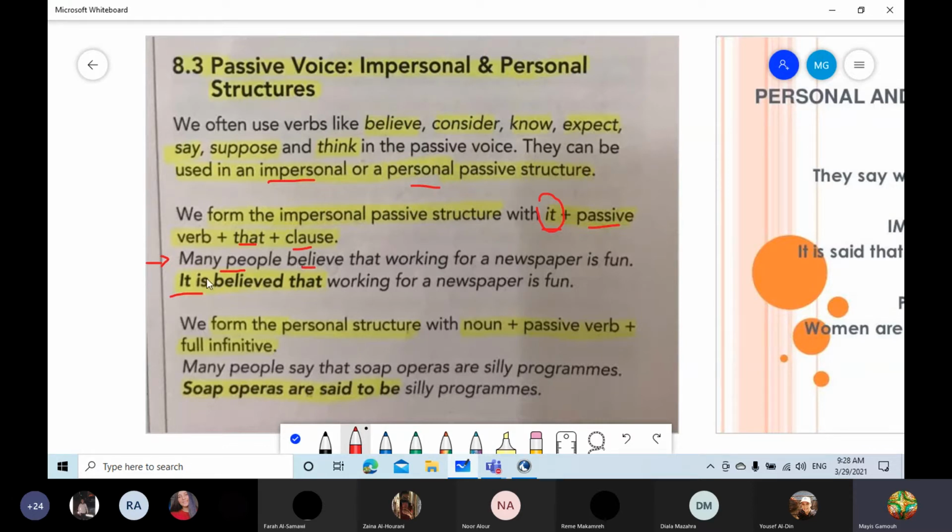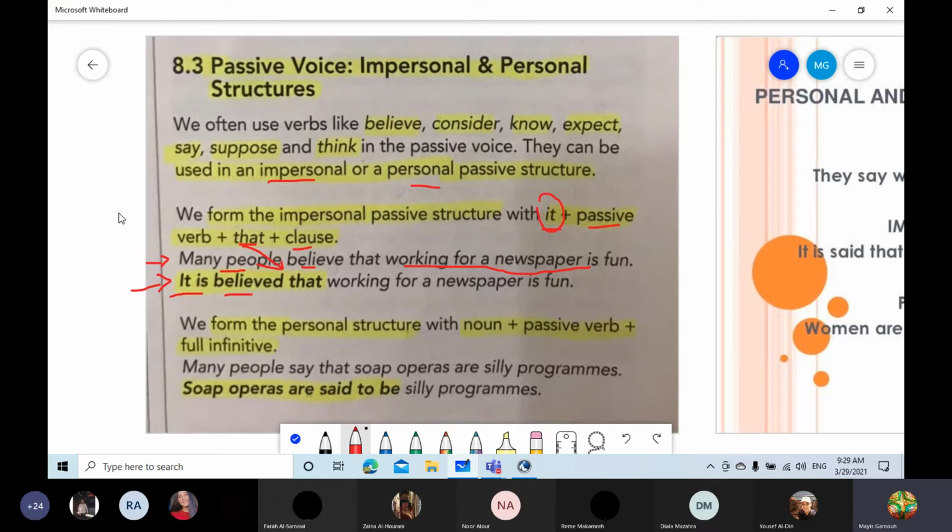So it takes is. And the third form of my verb, believe, is believed. And then I insert that. After that, I continue my sentence, working for a newspaper is fun. So my new impersonal passive sentence will become: it is believed that working for a newspaper is fun.